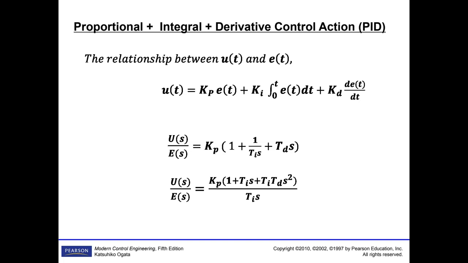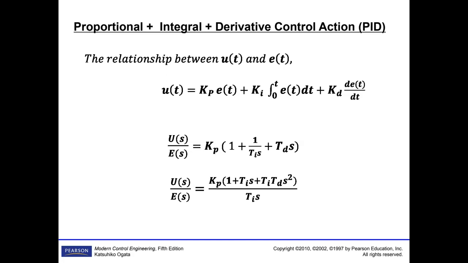Of course, I'm not going to derive that equation again. I even asked it in the midterm exam as well. All you have to do is either calculate Kp, Ki, and Kd, or Ti and Td values.